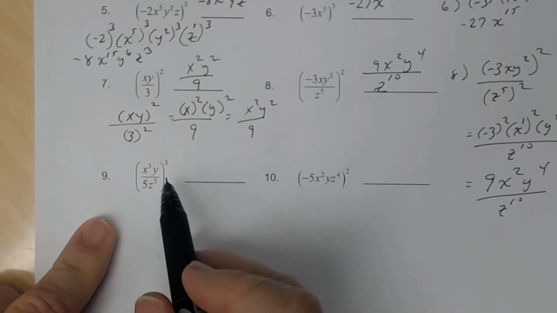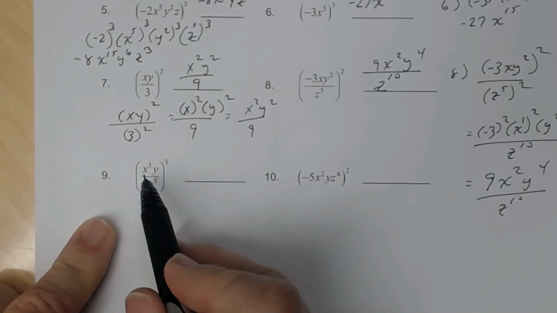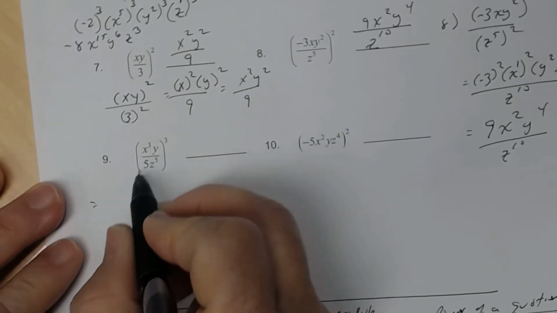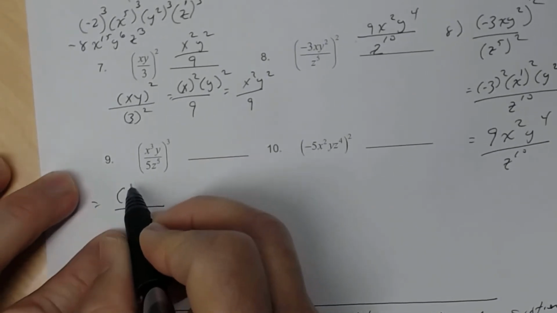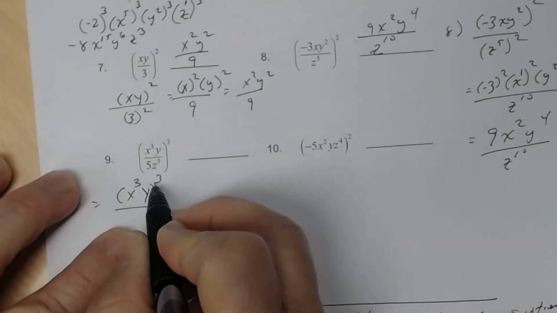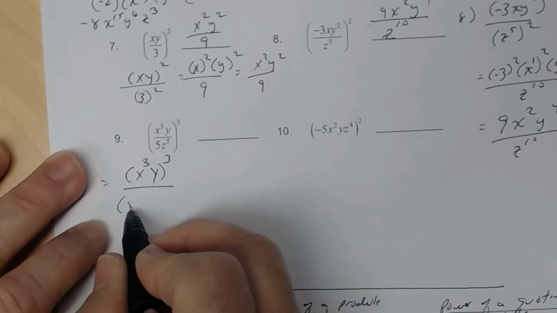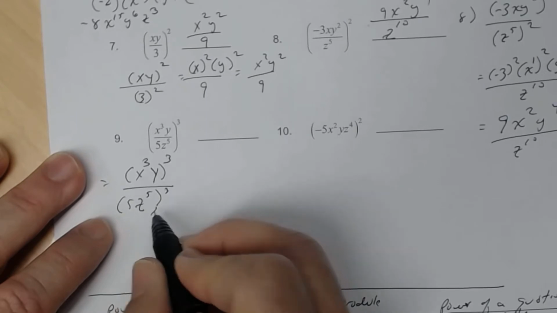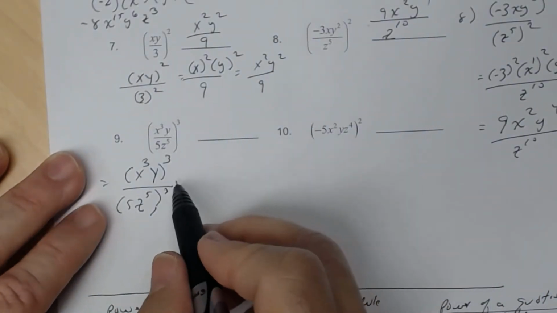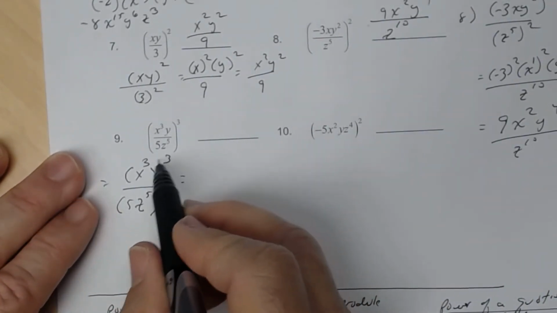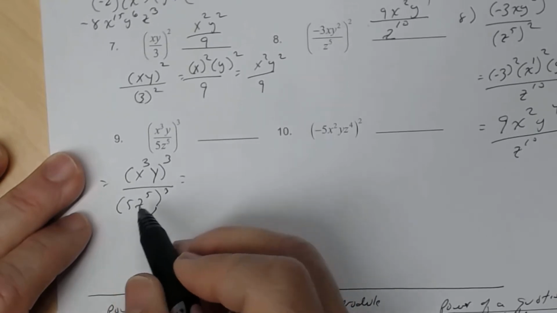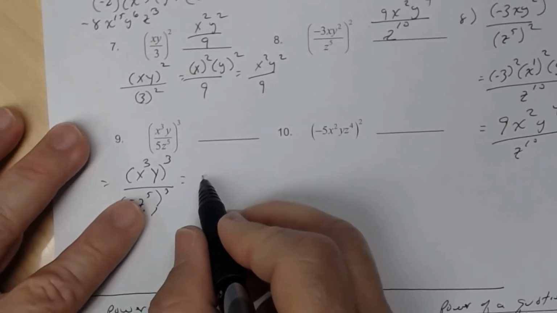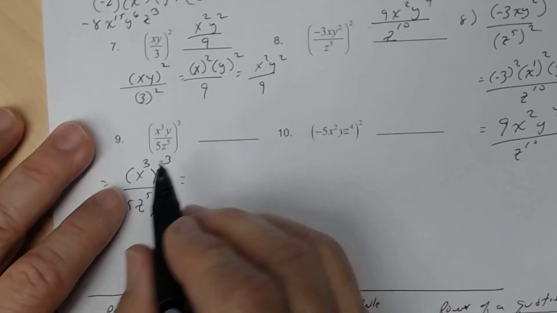Okay, so here you're doing the power of a quotient rule. So you can take the numerator, raise it to the third power, take the denominator, raise it to the third power as well. All right, now for the numerator, that's going to be the power of a product, denominator as well, power of product. All right, so in the numerator, you can skip this stuff, but I'm going to write it out.